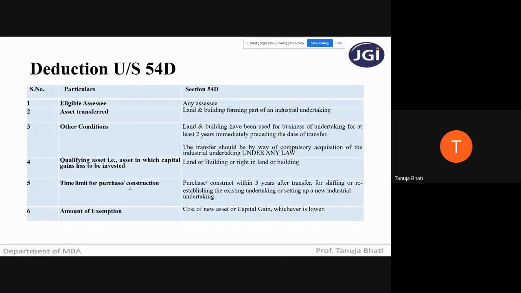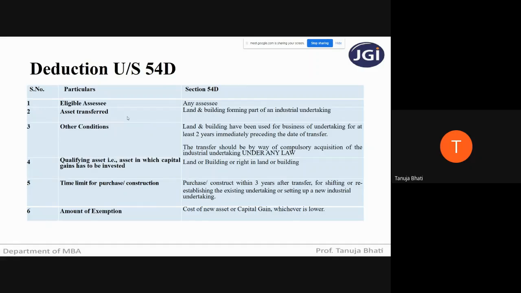What is the time limit for purchase or construction? Purchase or construct within 3 years after transfer. So within 3 years after transfer, you have to either purchase or construct the land or building. Next, what is the amount of exemption? Cost of new asset or capital gain, whichever is lower. So remember students, section 54D is available to any SSC where that SSC transfers or sells his land or building which is forming part of an industrial undertaking.